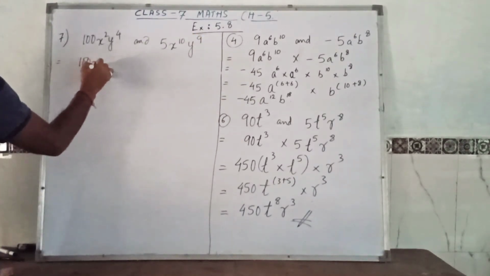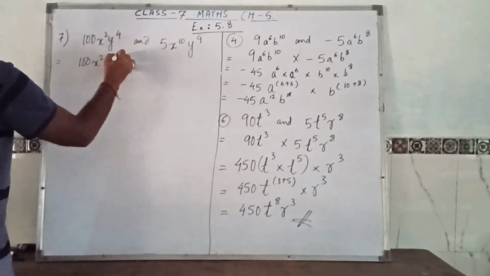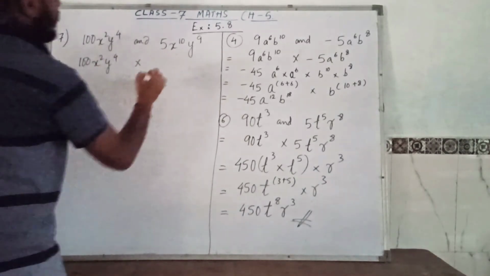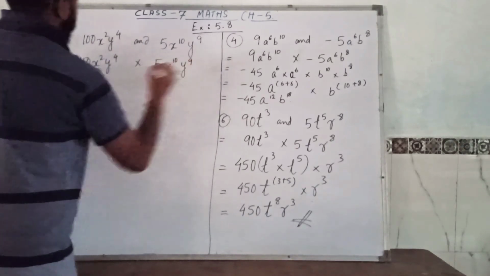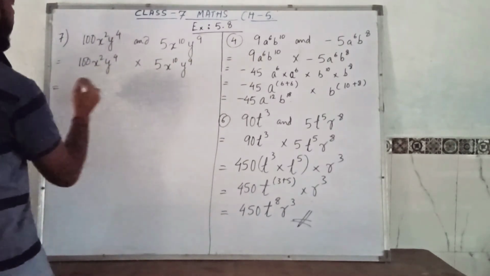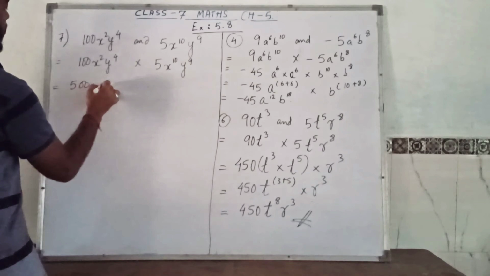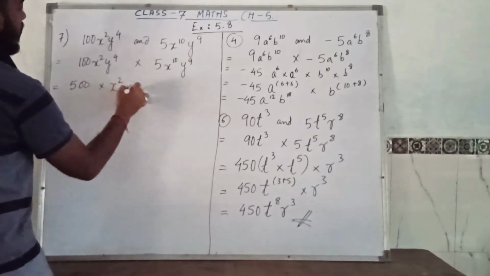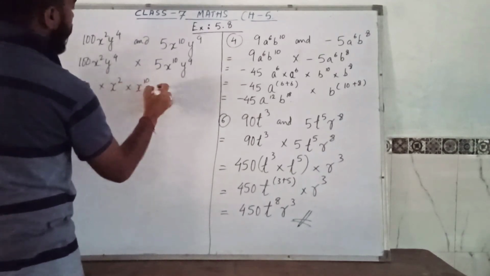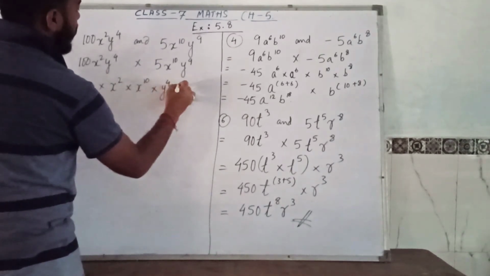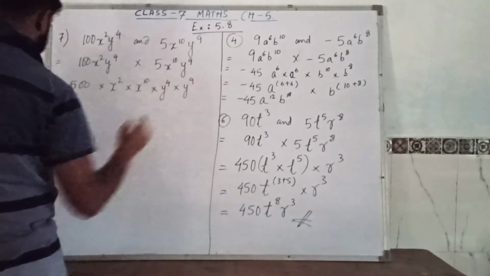Okay, so 100 x square y to the power 4 into 5 x to the power 10 y to the power 9. So 100 into 5, 500 into x square into x to the power 10. Now y to the power 4 into y to the power 9.